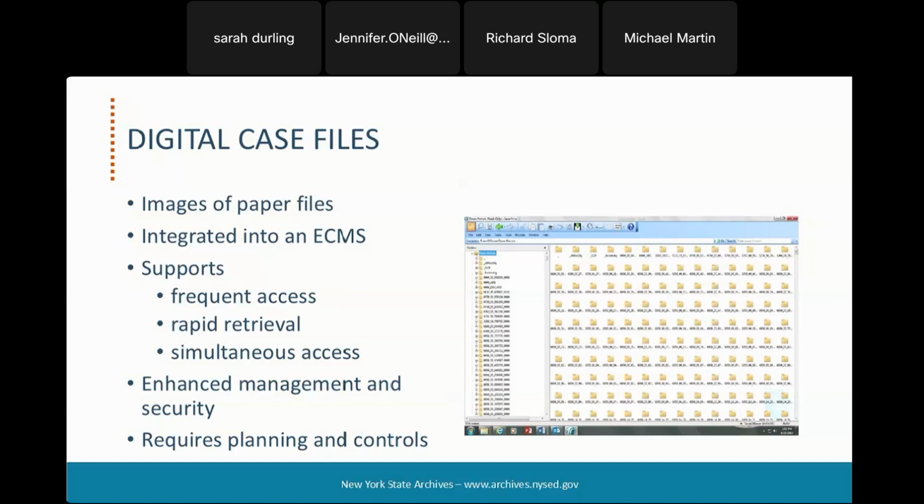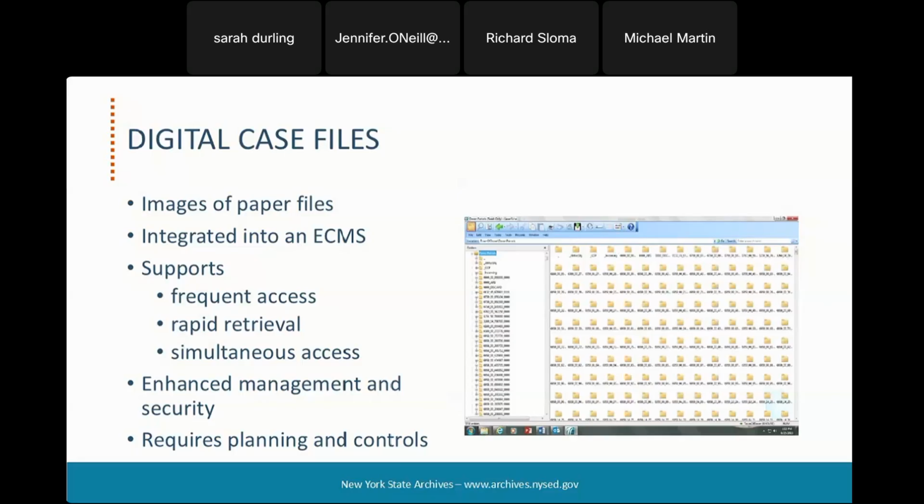I have to really underscore here that for any type of scanning project you're doing, scanning will not solve all of your problems. We're dealing with an agency right now who is going to be moving to a different building, and they have voluminous paper case files. These case files are not well managed.